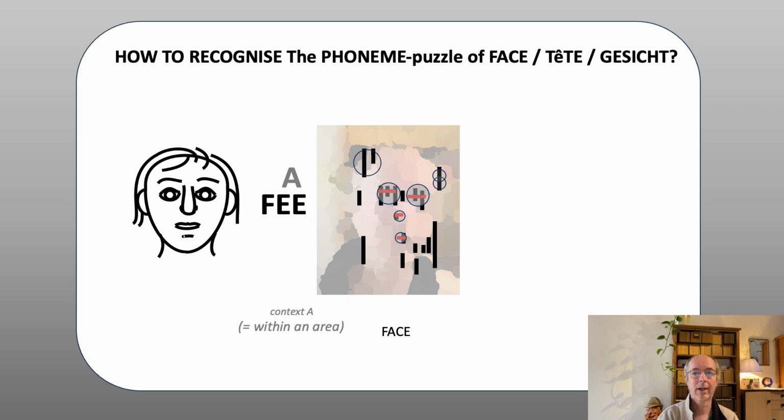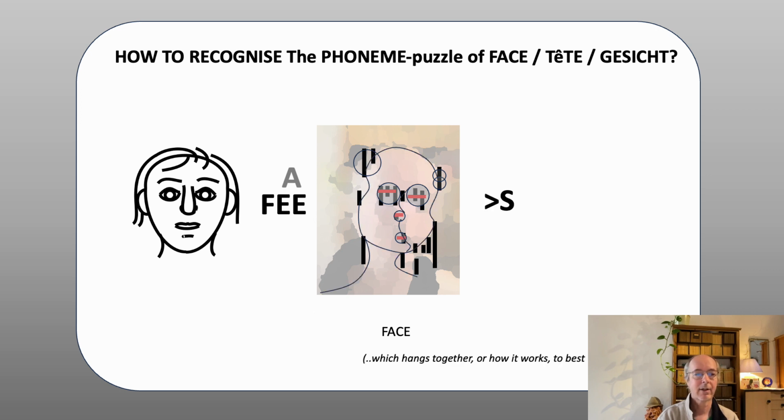Next letter is the S. So with the S, the S is always a result at the borders, so the result that tries to keep everything together that we still have, and we will do that in the way how it works best, to our best abilities to take these things together.